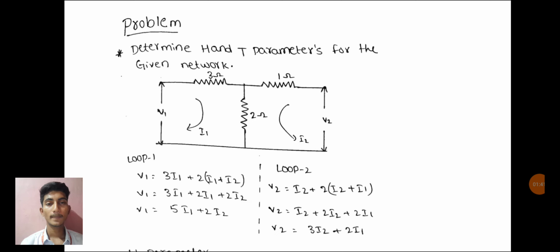First loop: V1 equals 3I1 plus 2I1 plus 2I2, so 3 and 2 make 5, V1 equals 5I1 plus 2I2. Loop 2: V2 equals I2 plus 2I2 plus 2I1, so V2 equals 3I2 plus 2I1.